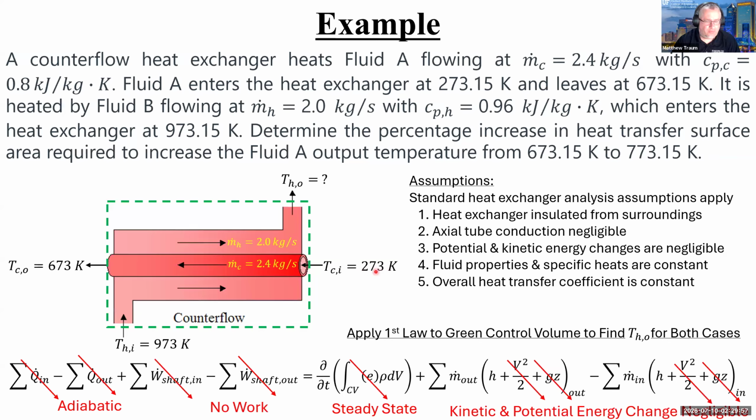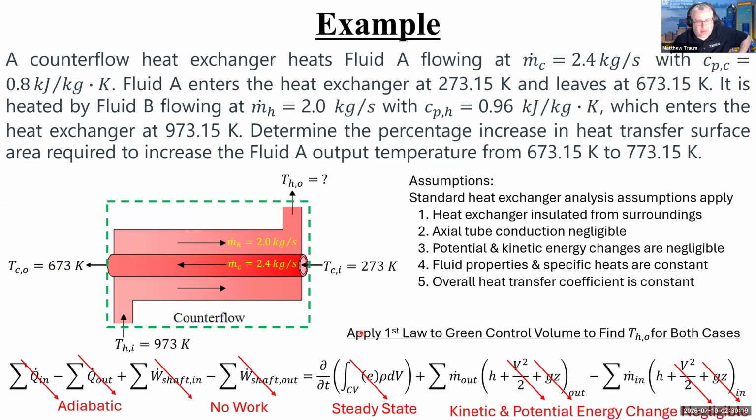I know the cold fluid entering temperature is 273. I know its exiting temperature is 673. I know the counterflow hot fluid is entering at 973. I don't know the temperature that it's leaving, so I'm going to have to find that. And so let's jump into that.